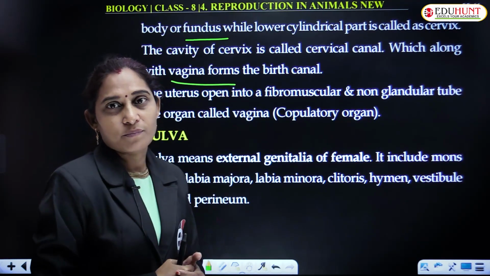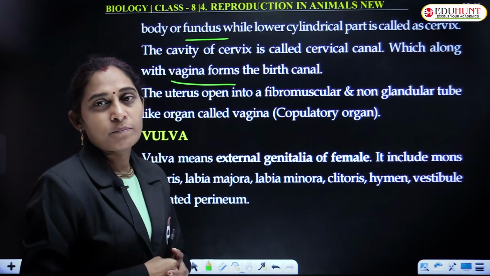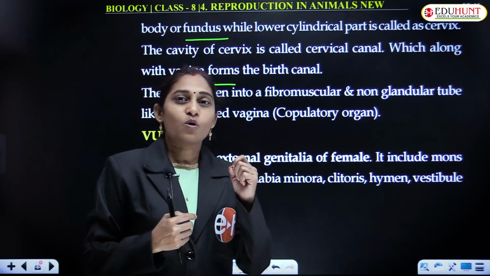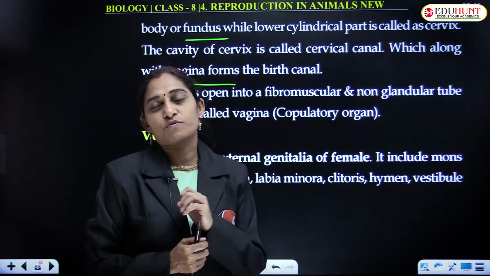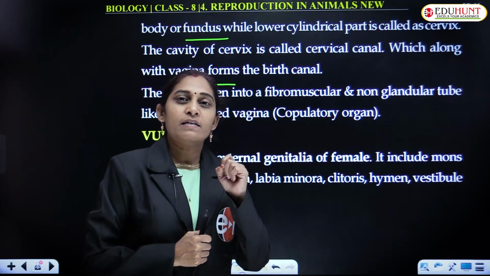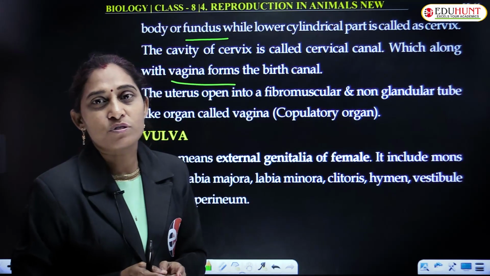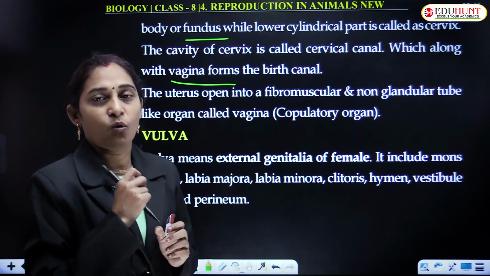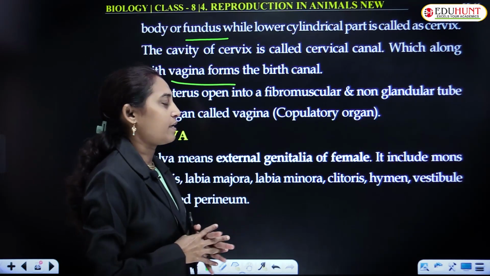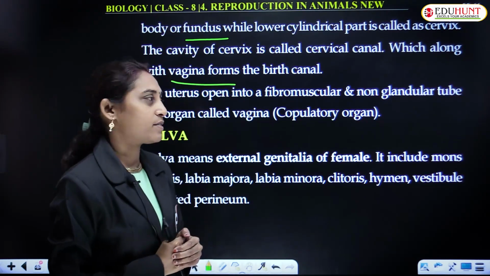Out of these millions of sperm, only one functional, successful sperm will fuse with the ovum. That is the next concept, fertilization.